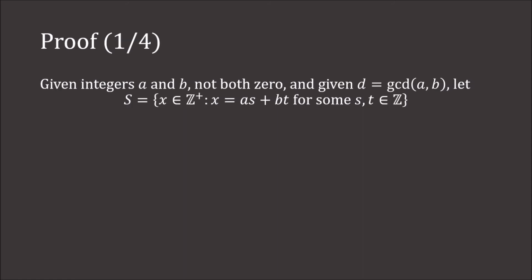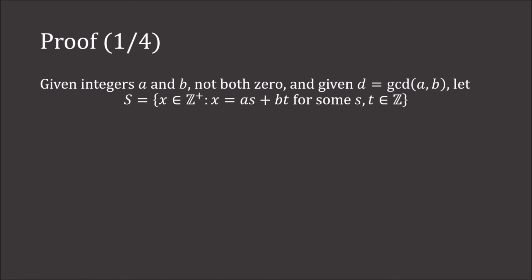All right, so the proof of this: given integers a and b not both 0, and given that d is the GCD between a and b, define a set S to be the set of all positive integers x such that x is equal to as plus bt for some integers s and t.